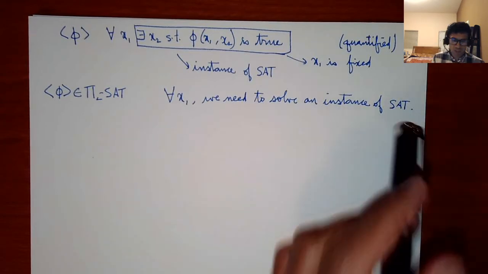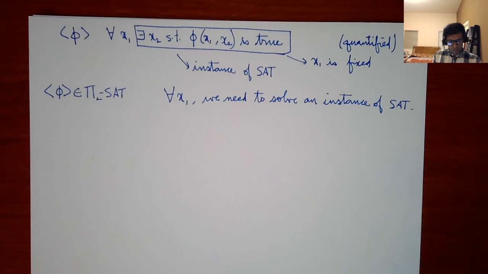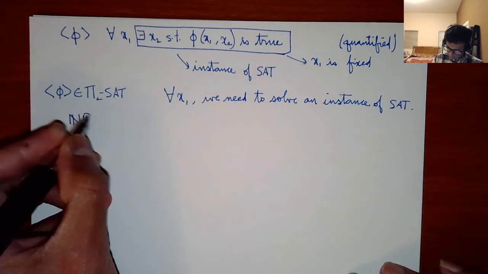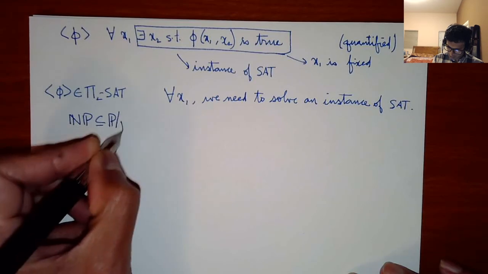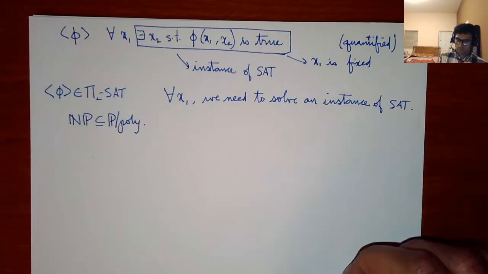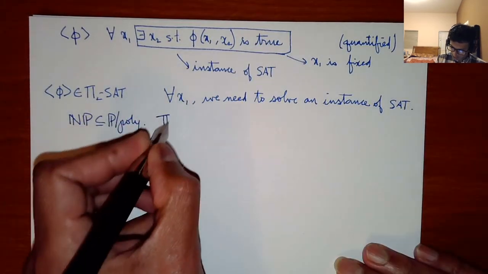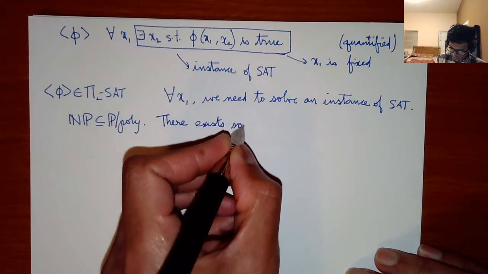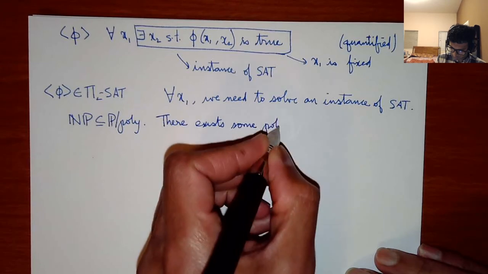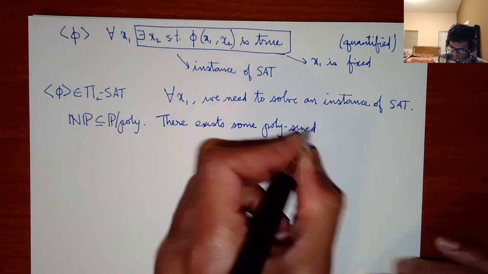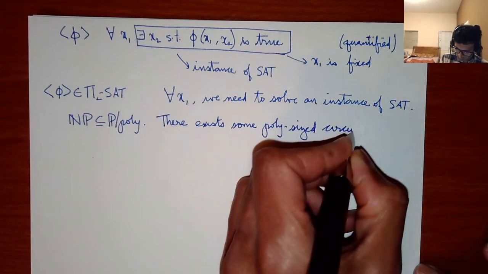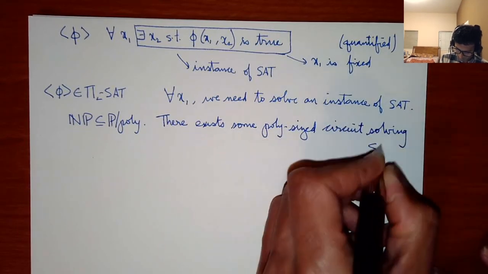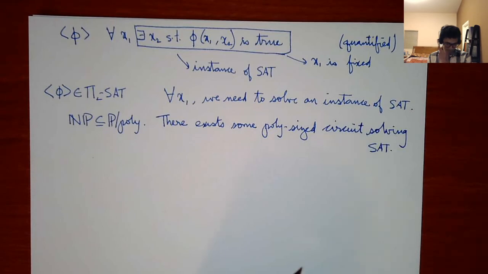How would we solve this instance of SAT? Well, we assume that NP is in P slash poly. So there exists some polynomial sized circuit solving SAT.